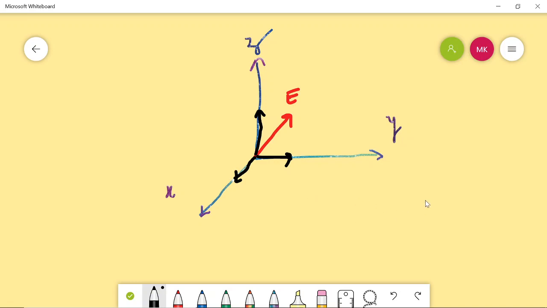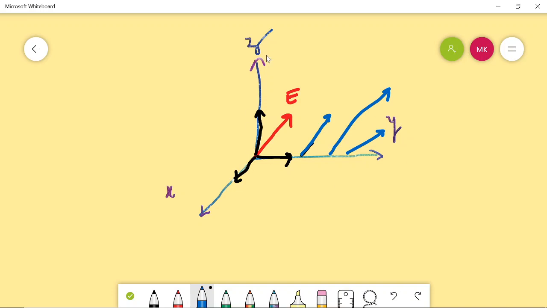Another thing is that if you change the location, if you are watching E at this point and you move in the y direction, for example, then E might change. So E sometimes becomes larger, and sometimes it changes direction. As you move in the y direction, the E field may change, either in magnitude or in direction.